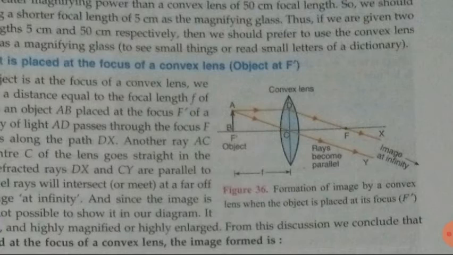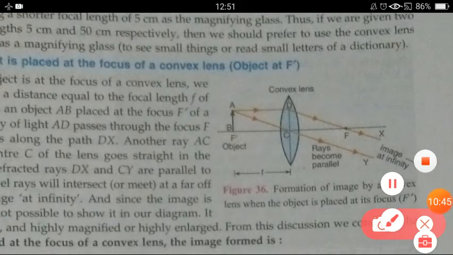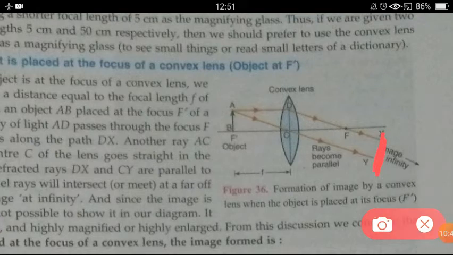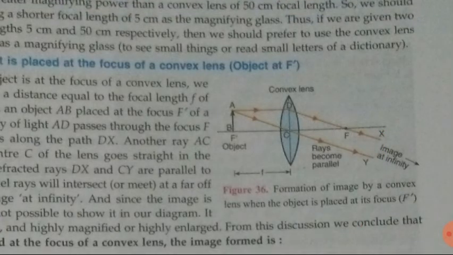It will be highly magnified image but inverted one. Okay, because you can see that after refraction both the rays are on the downside of the principal axis. So if they move further, they will go on the downside of the principal axis. So whatever image will be formed will be the inverted one.